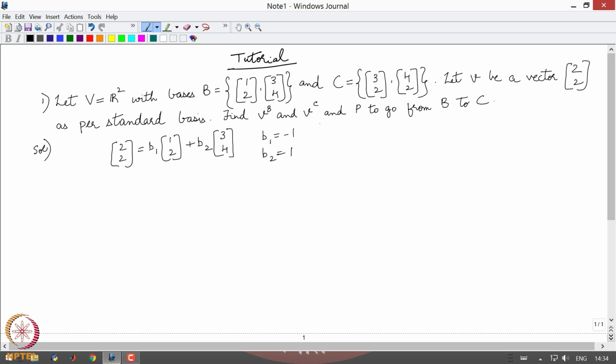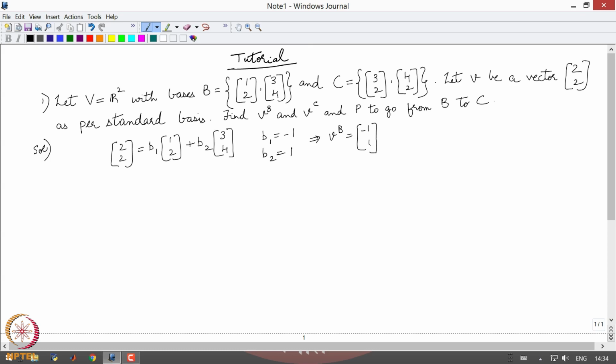You can verify this. Which implies I will have [v]_B equals (-1, 1). So, this is the representation of vector (2, 2) with respect to the basis B.